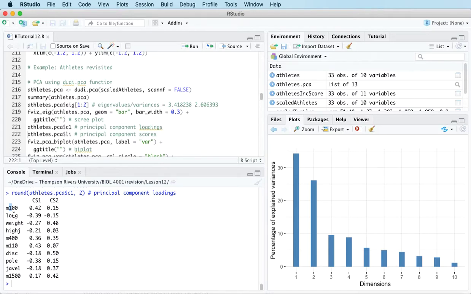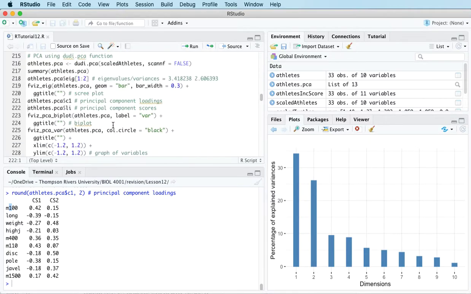Whereas with the jumping and throwing events, a high number is better, because that means you either jumped higher or further, or you threw the javelin, discus or shot put further. That suggests that maybe we should reanalyze the data but switch the signs for the running events.